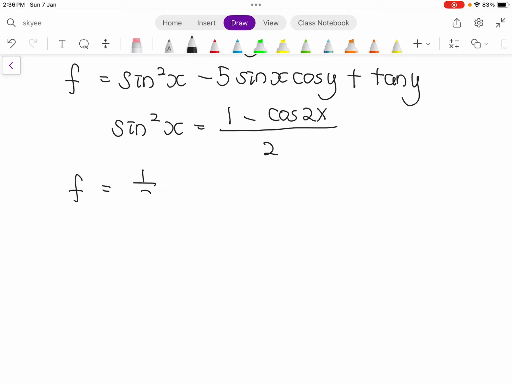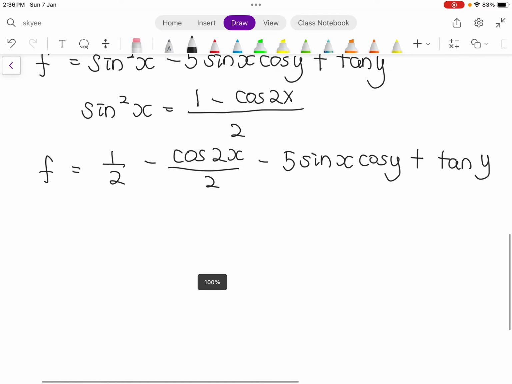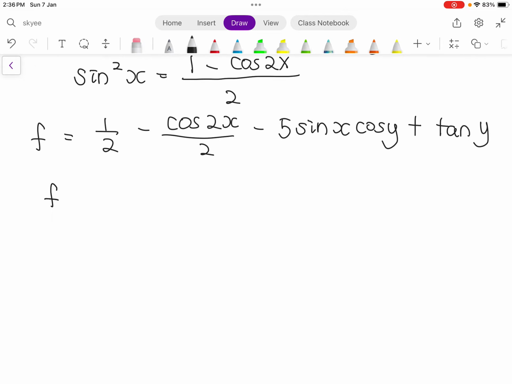So it will be 1 over 2 minus cos 2x over 2 minus 5 sine x cos y plus tangent y. So we can start to find out what the fx is. Here this will be 0.